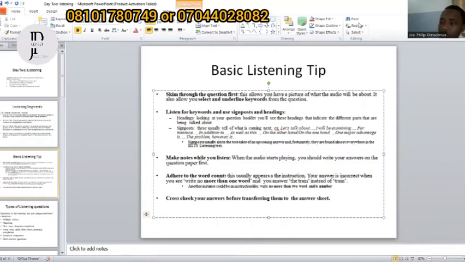These are usually signposts. They give you a signal, they tell you that something is coming next. And the good thing about signposts is they usually indicate an oncoming answer. Sorry, I wrote upcoming there.